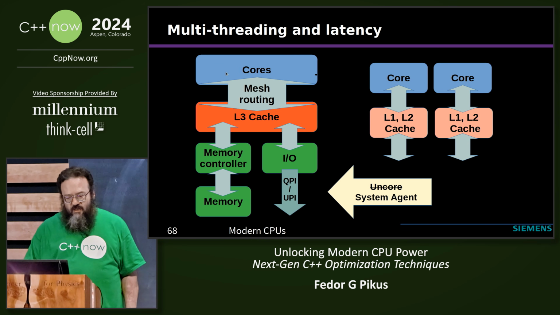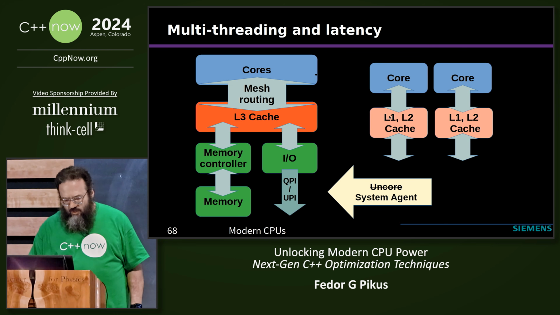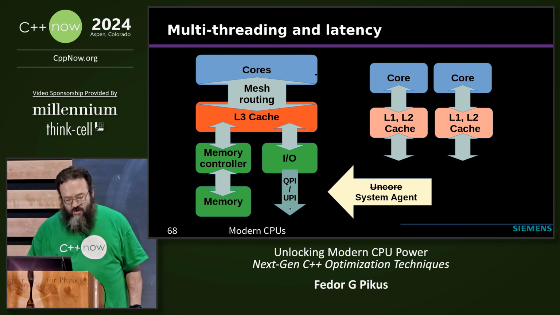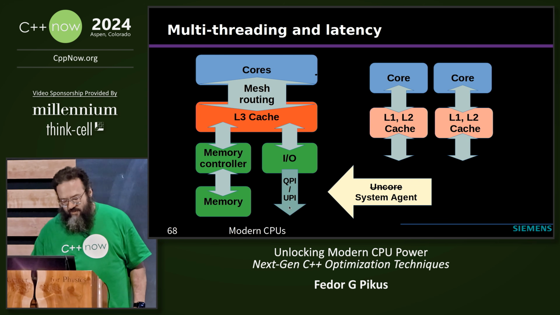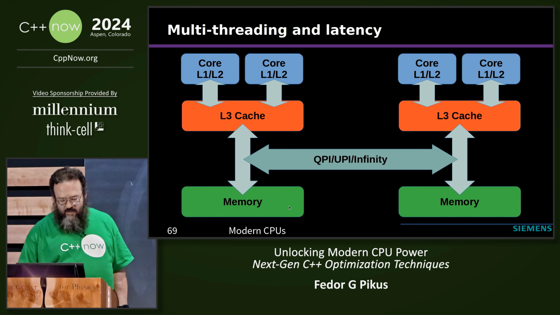Remember what the NUMA systems look like. These are your cores with L1, L2 cache and stuff. This is your L3 cache. This is your memory controller and the local memory. And this is your interconnect that goes to the other CPU. And this is your other CPU.